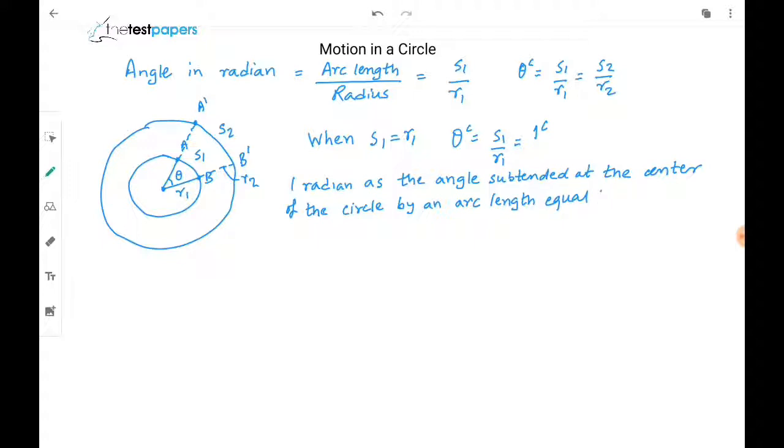Now let's understand this concept further. If you take either the inner circle or the outer circle, let's take any one of these circles, and let's say the circumference of the outer circle is 2 pi R2, right?